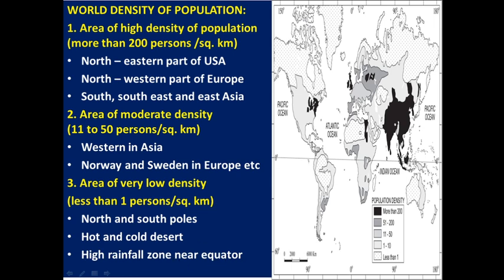High rainfall regions near the equator, like the Amazon basin, because of thick vegetation and high rainfall, the density of population is very low, less than 1 per square kilometer. So these are the three classifications of density of population of the world that we are going to study based on our textbook.